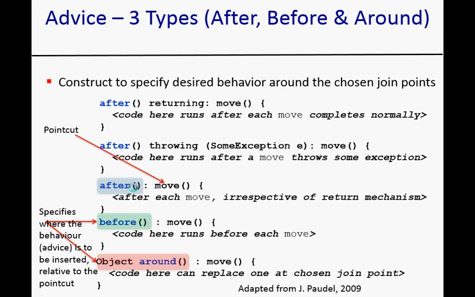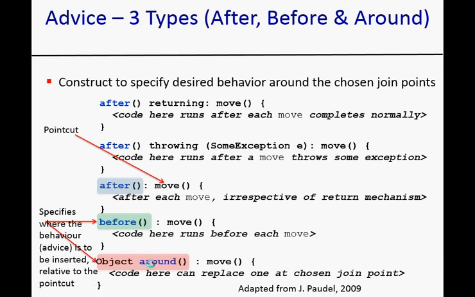And so we'll have advice, which are pieces of code that specify what to do at different join points. We'll have a point cut, but then also qualifiers like whether it's after it or before it or around it.